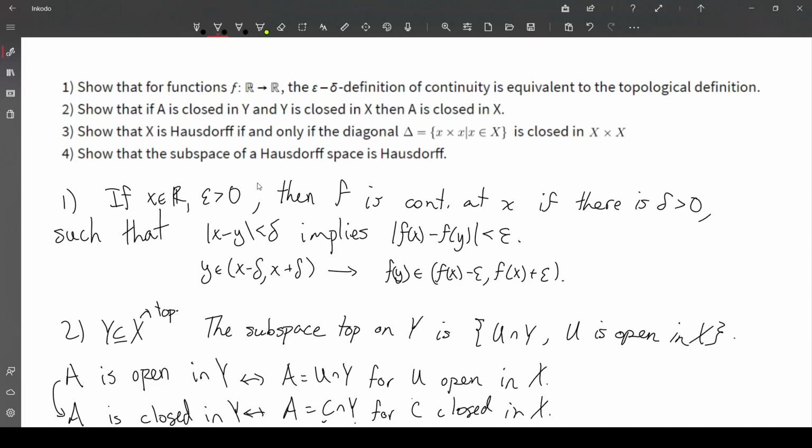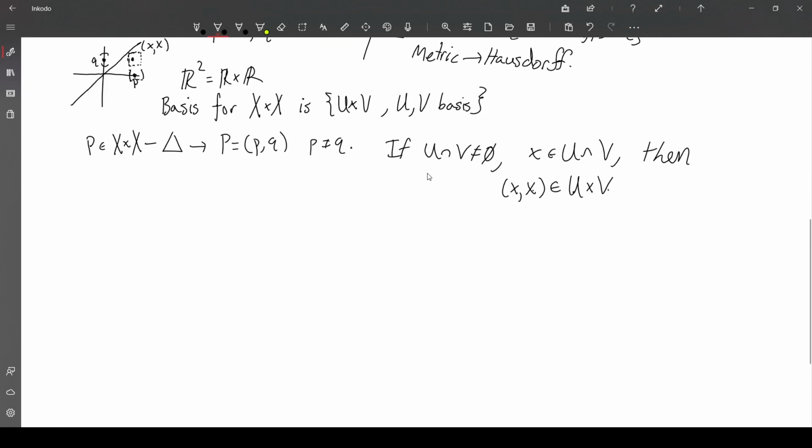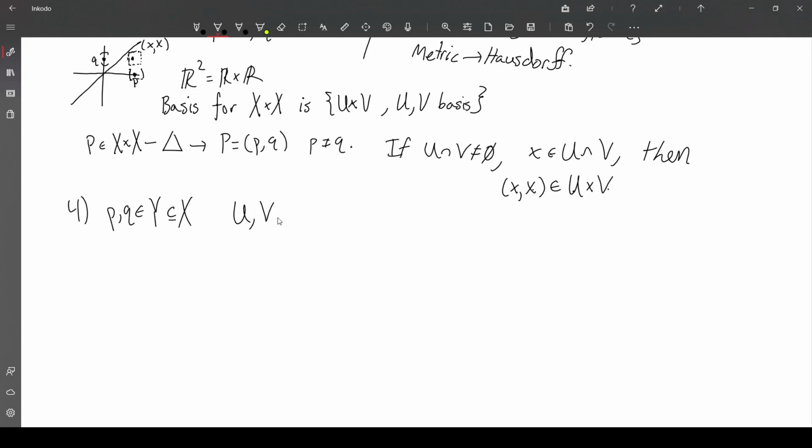Finally, 4 is to show that a subspace of a Hausdorff space is Hausdorff, and that's pretty straightforward. You take your points P and Q in Y, and then, of course, since Y is a subset of X, P and Q are points of X, so you have disjoint open sets U and V containing P and Q. Then you just go down a step to Y: you take U intersect Y and V intersect Y. These are open in Y by definition.